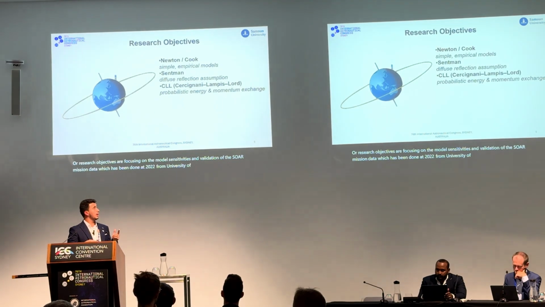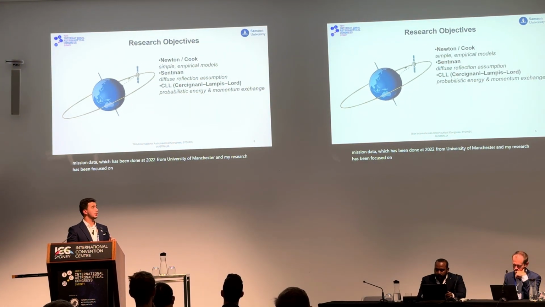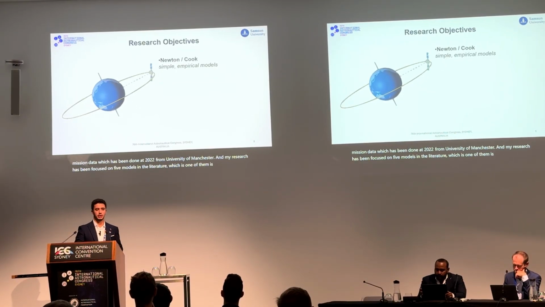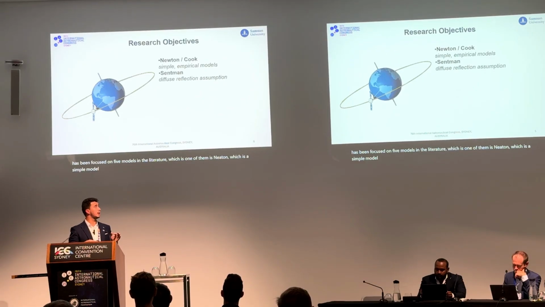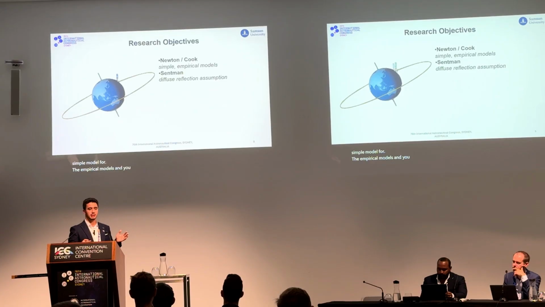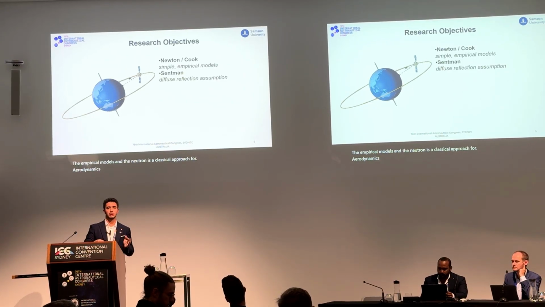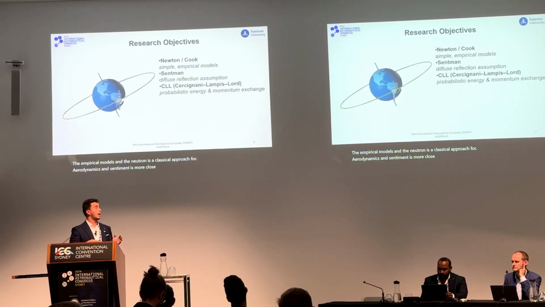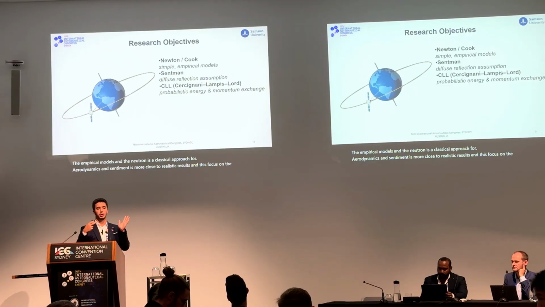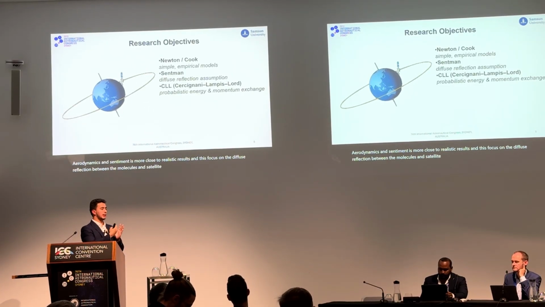My research has focused on five models in the literature. One of them is Newton, a simple empirical model, and the classical approach for aerodynamics. Sentman is closer to realistic results, and it focuses on the diffuse reflection between the molecules and the satellite surface, like the geometry and the panels.